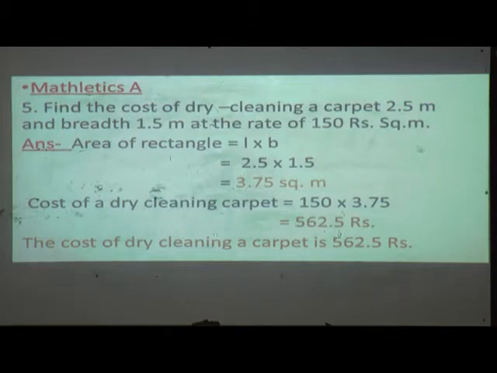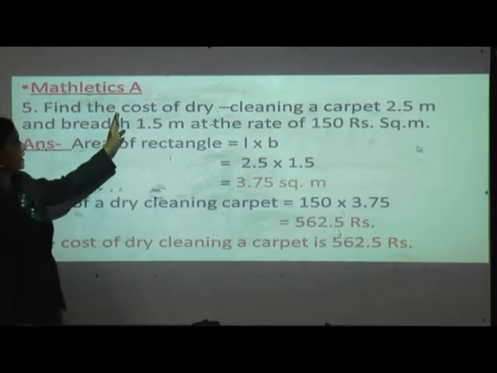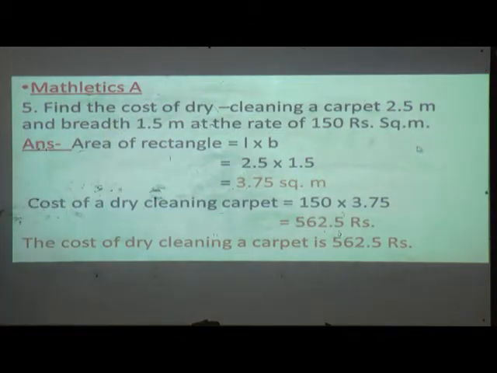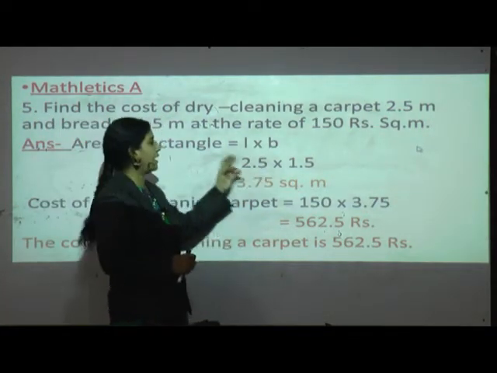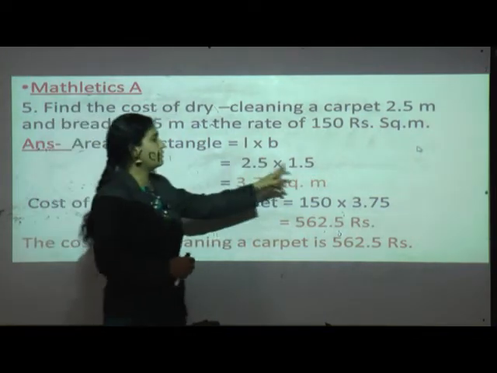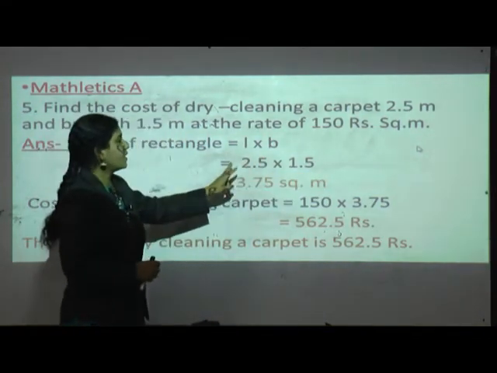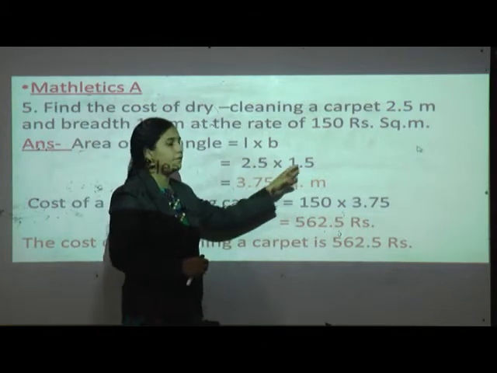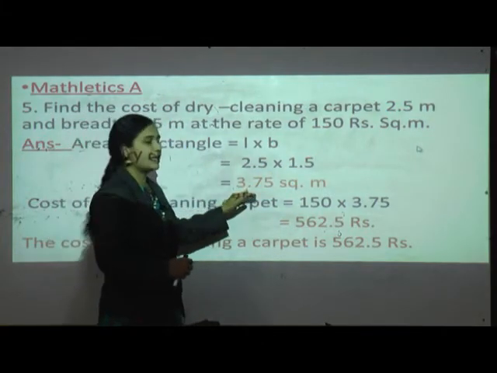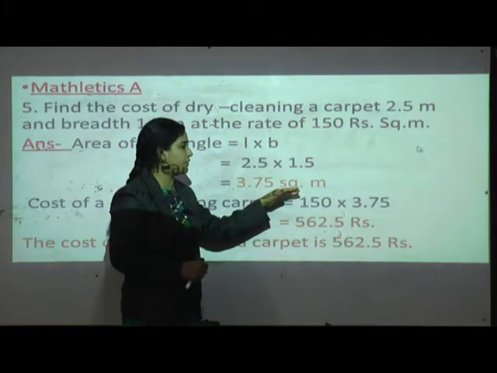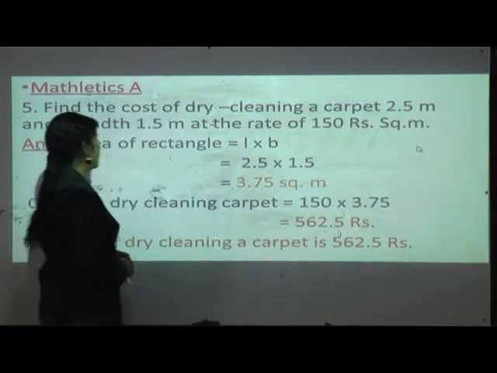See, here area of a rectangle is equal to L into B. So what is L here? Here L is 2.5 meter and breadth 1.5 meter. So multiply 2.5 and 1.5. After multiplication you will get the answer 3.75 square meter.